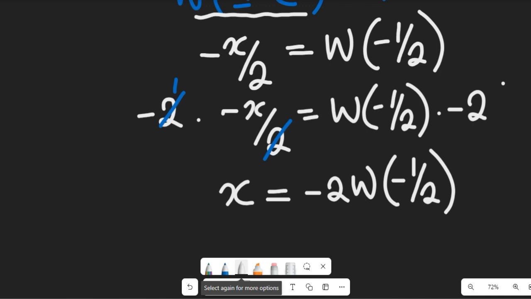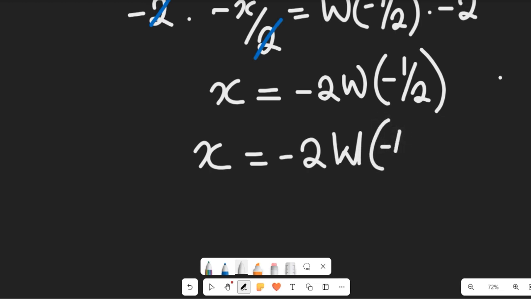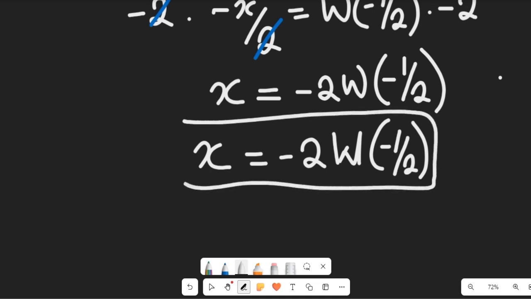Now if I simplify this expression, I'll have my solution simply be x equal to negative 2 the Lambert W of negative 1 divided by 2, and that is the solution to this math expression given to us up there.